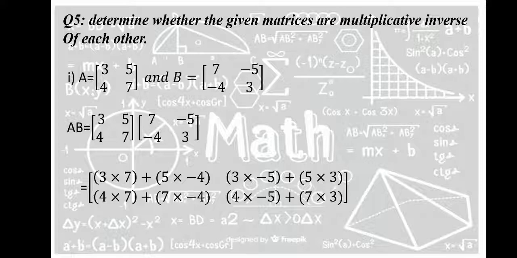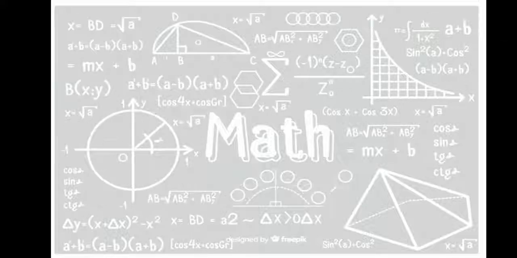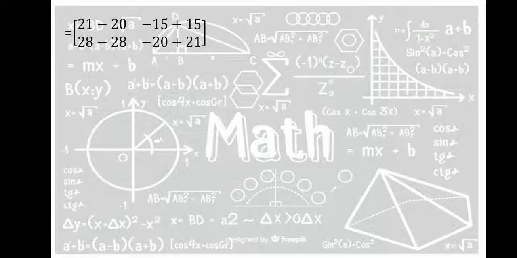Now the second row is multiplied by the first column, that will be 4 multiplied by 7 plus 7 multiplied by -4, and the second row will be multiplied by the second column in the second line, 4 multiplied by -5 plus 7 multiplied by 3. So the equation will become 21 -20, -15 plus 15 in the first row, 28 -28 and -20 plus 21 in the second row.